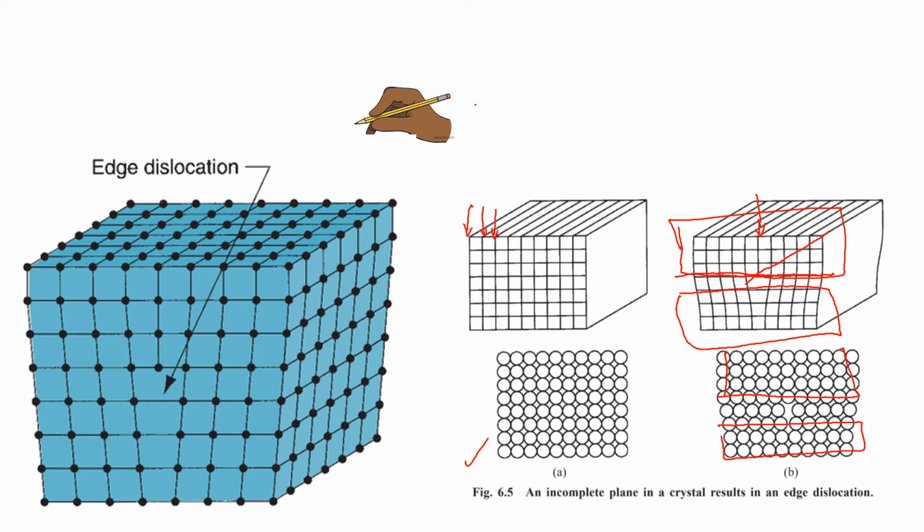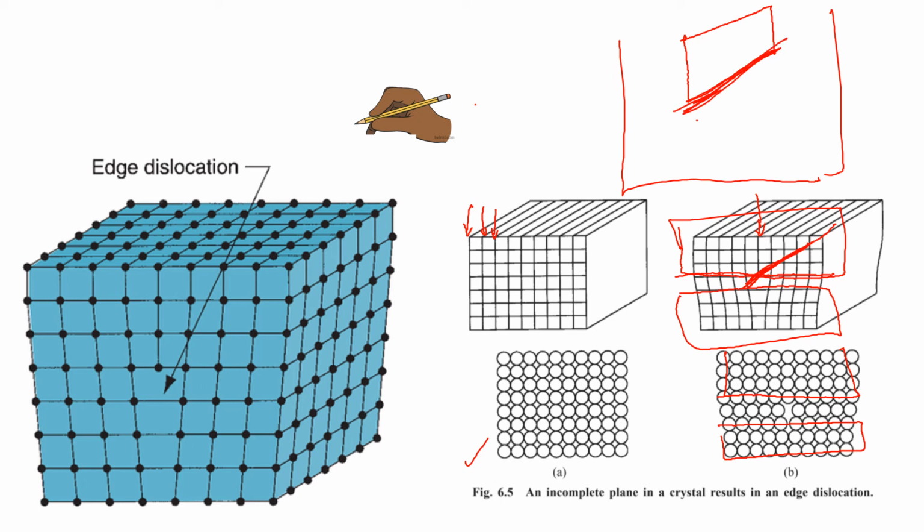So it is like this. That plane extends backward like this. Okay, so it is like I'm just drawing. This is that particular plane that extends only halfway, and this is the complete crystal. So along this line, the dislocation occurs.